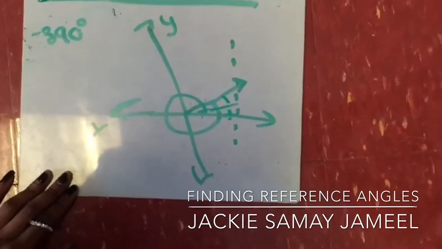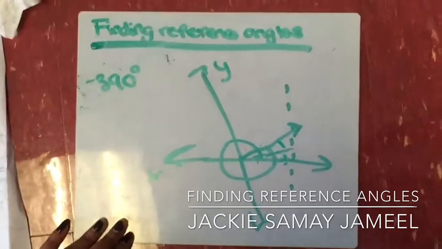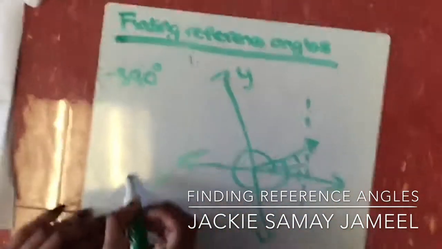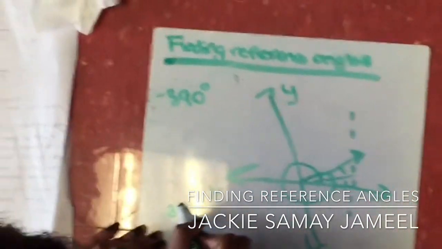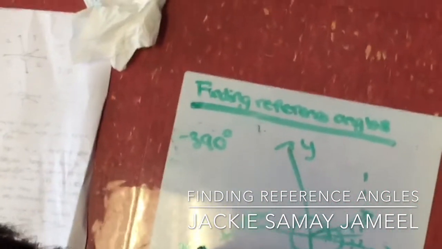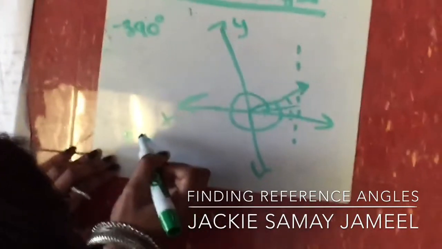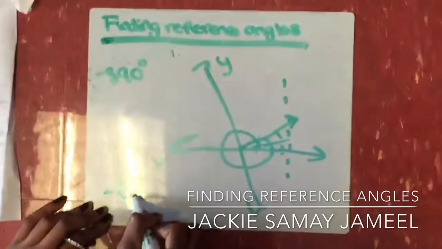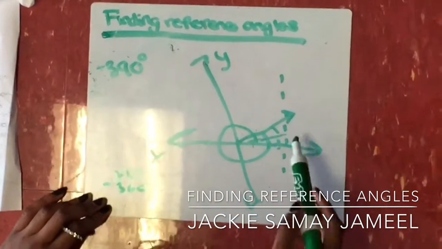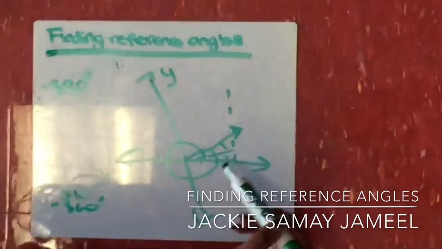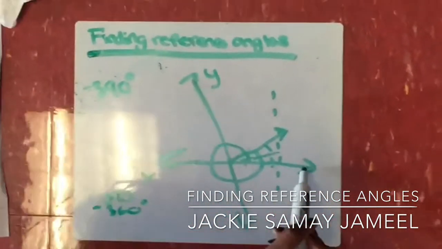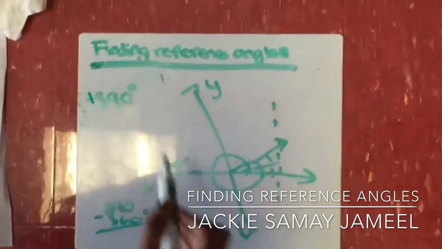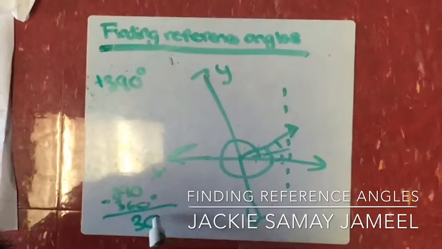To find the reference angle, you would subtract the degree that you have, 390, from the degree closest to it, meaning you do 390 minus 360 degrees, because that's the degree that's closest to the x-axis. And so 390 degrees minus 360 degrees equals 30 degrees.